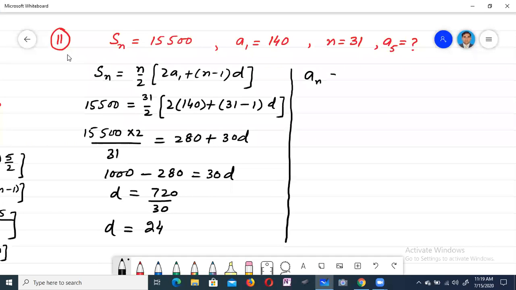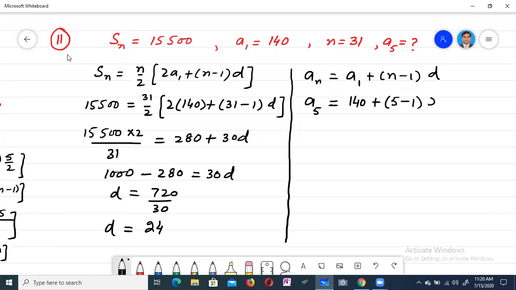You know an is a plus n minus 1 into d. N we will use here 5 as we need fifth term. A1 is the first term that is given in the question, 140 plus n, we have taken 5 here, minus 1 into d. D we get there. Now we calculated here 24.